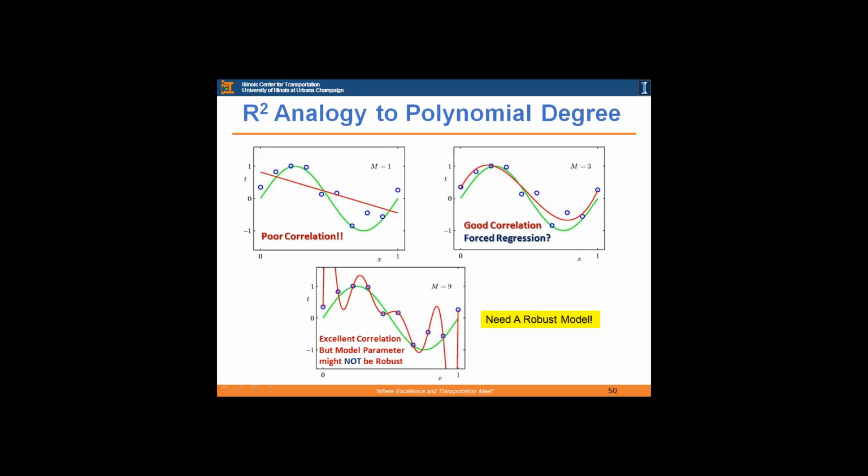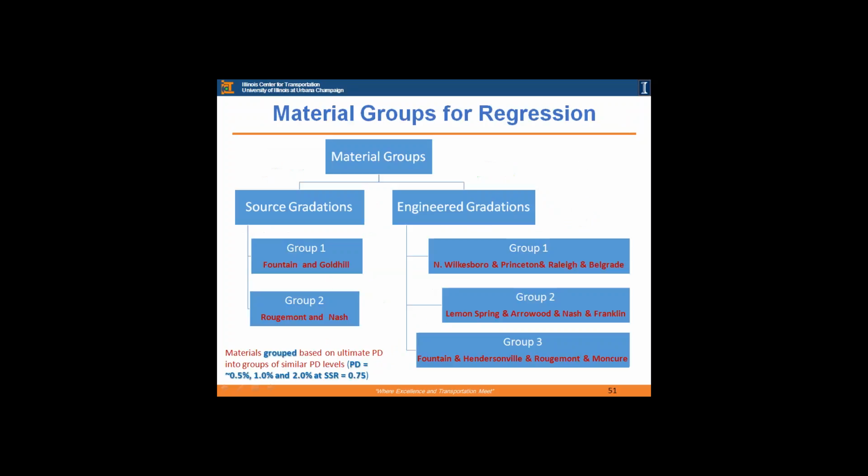What we are trying to do here is get something similar to a proper fit of our model with the data. This is the material grouping based on different permanent deformation levels, and we chose these material groups for the 20 different materials at the source gradation and the engineered gradation based on the permanent deformation levels that they have.